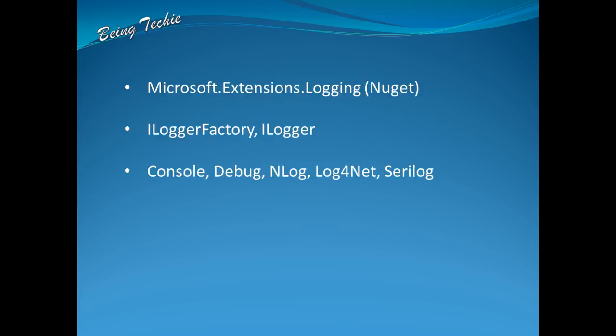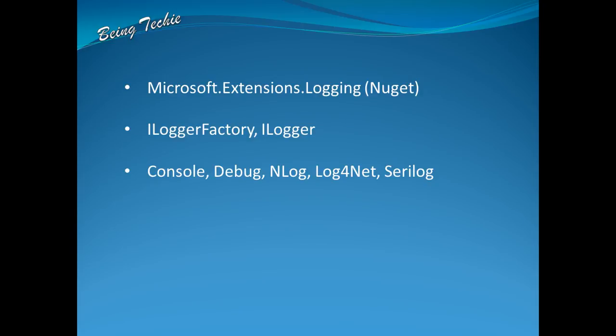So in the new framework, in .NET Core, this abstraction has been given in the framework itself. In Core, we have a new NuGet package, Microsoft.Extensions.Logging, and it provides two main interfaces, ILoggerFactory and ILogger. And these logger providers are not just restricted to console and debug. There are NuGet packages which provide log support for third-party logging frameworks as well, such as NLog, log4net, Serilog.